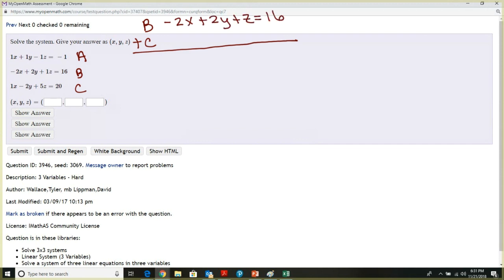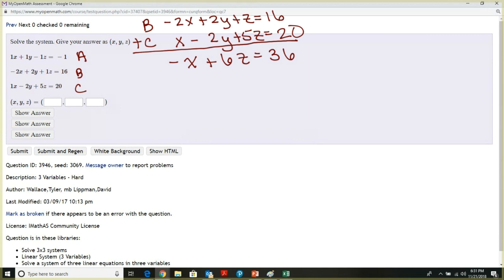These are already given to you all lined up, so they lend themselves really well to the addition method. So if I just add b plus c, I'll get negative 2 plus 1, which is negative 1x. The y's cancel. 1 plus 5 is 6z, and 16 plus 20 is 36. So they go together very nicely.